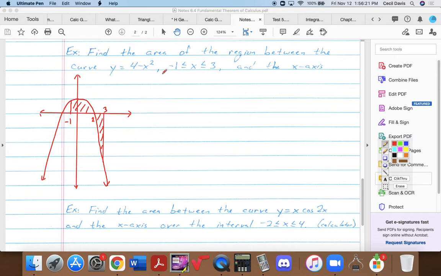So what we'll have to do is go from -1 to 2 of 4 minus x squared dx, and then take the opposite of the integral from 2 to 3 of 4 minus x squared dx.